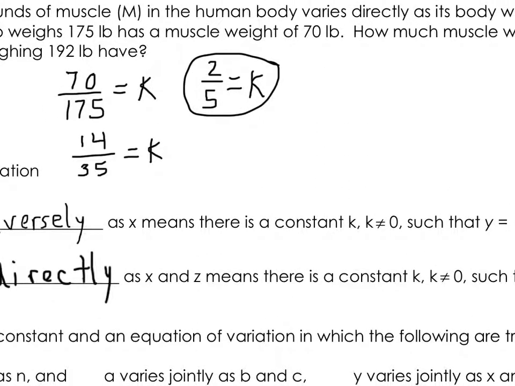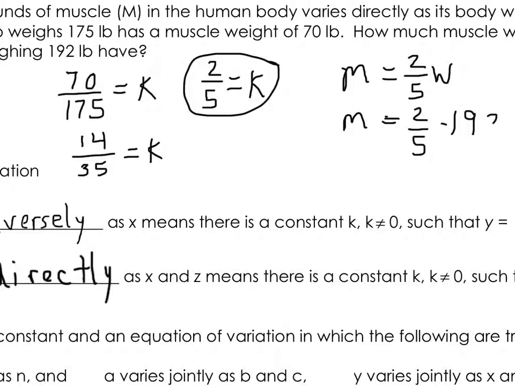What about 192 pounds? So our equation is our muscle now is 2/5 of the body weight. So somebody weighs 192 pounds. We need to take 2/5 of that, and we can calculate their muscle weight.